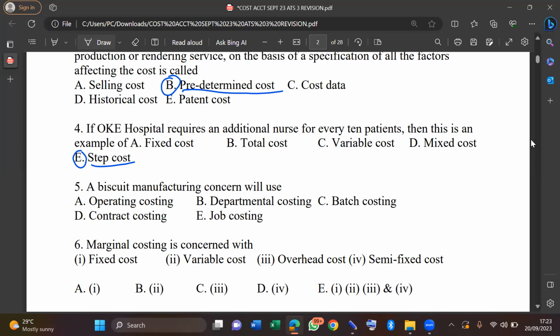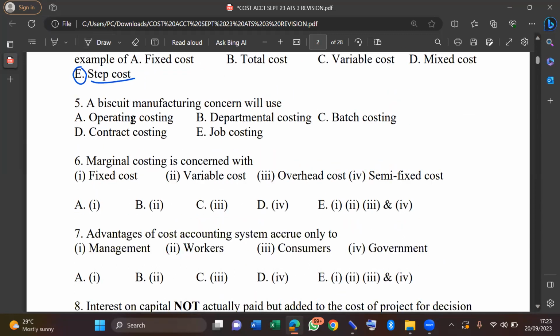Question 5: a biscuit manufacturing concern. A biscuit manufacturing company will use what type of costing method? A, operating; departmental; batch; contract; or job costing. Look at the question. When you see concern, it means manufacturing company.